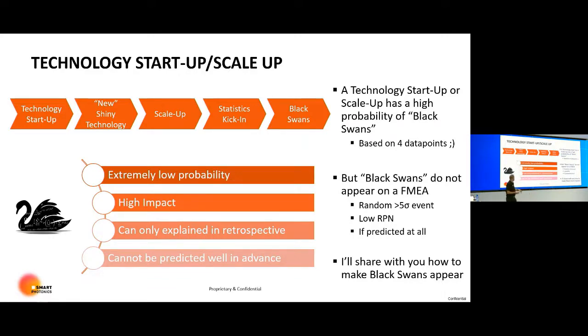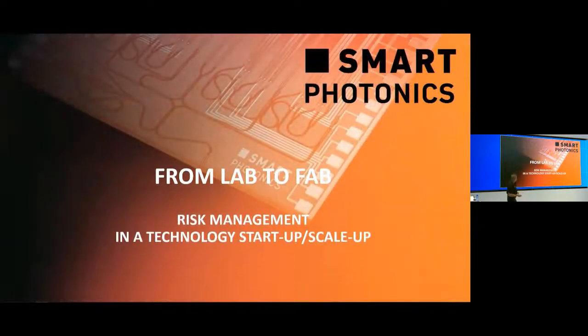The key characteristics we saw: extremely low probability, but an enormous impact, and we saw business failure as an example. Huge delays can only be explained in retrospect and cannot be predicted in advance. I saw some of the questions from the previous talk are exactly about this. What is it we don't know? And now I can start my talk after this introduction.